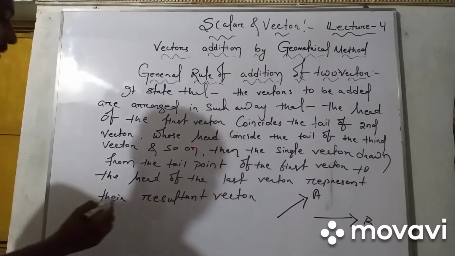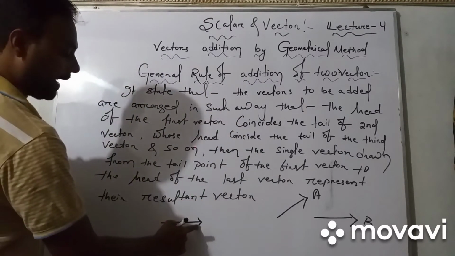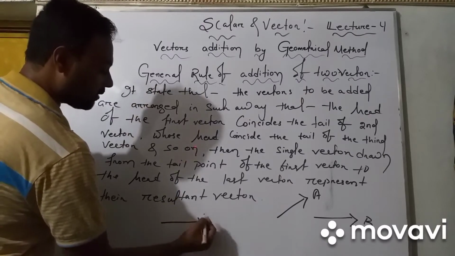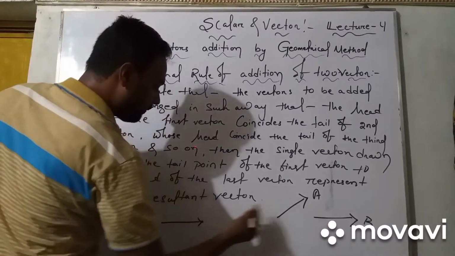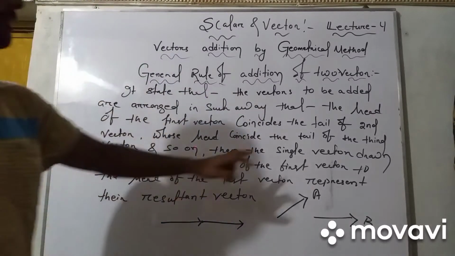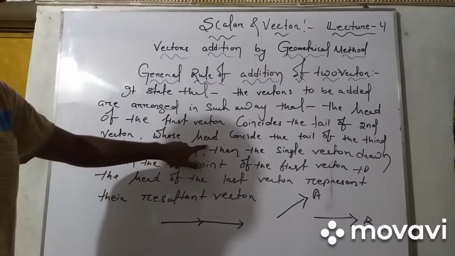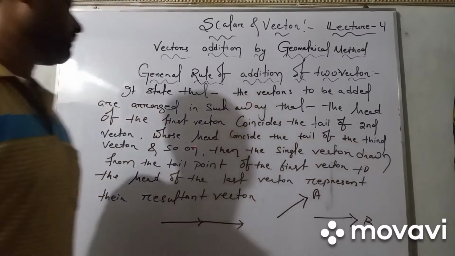Suppose this is the first vector, whose head coincides with the tail of the second vector. The second vector's head coincides with the tail of the third vector.